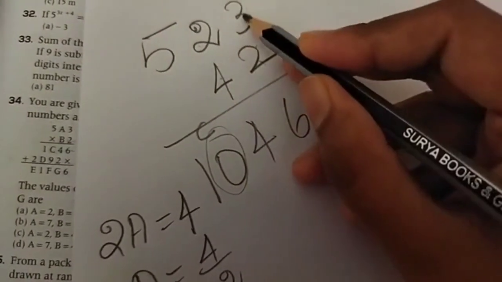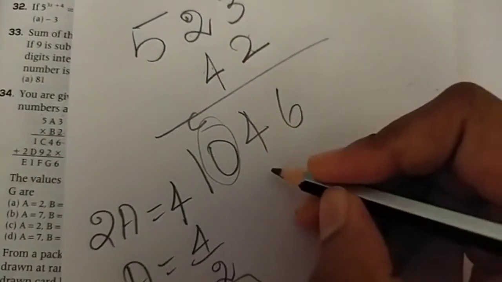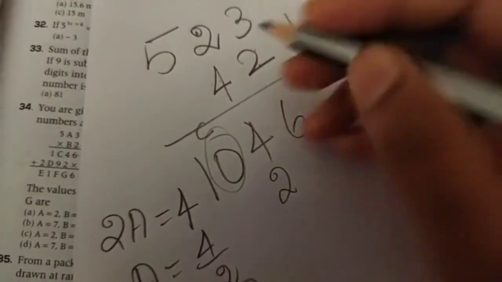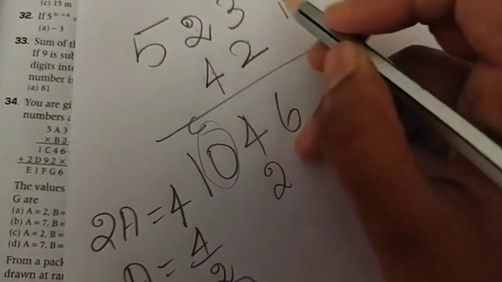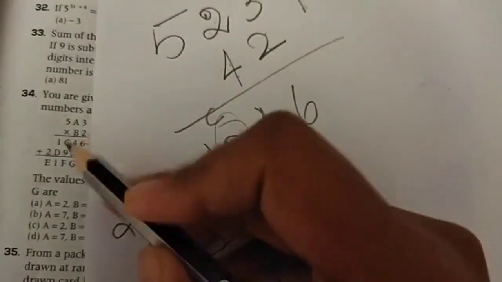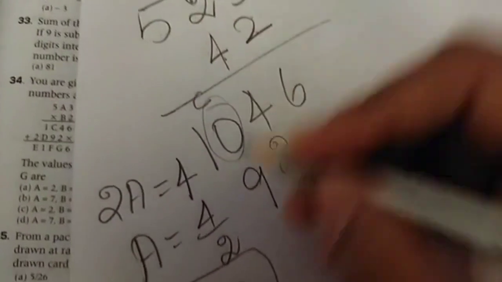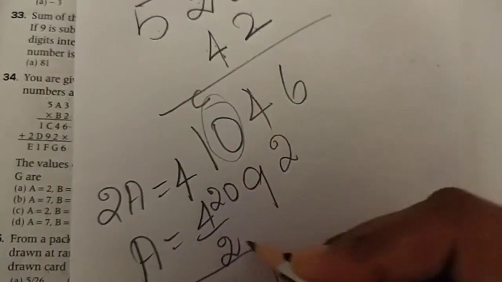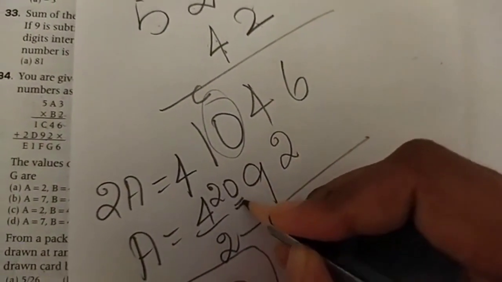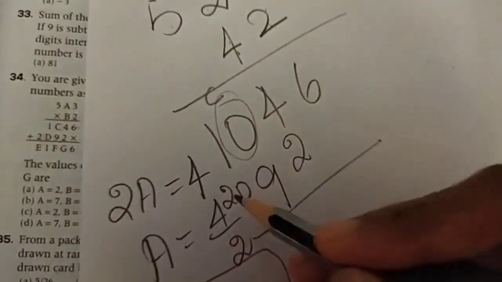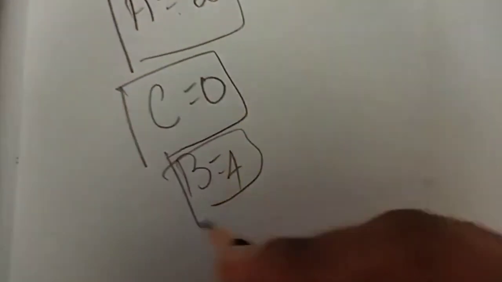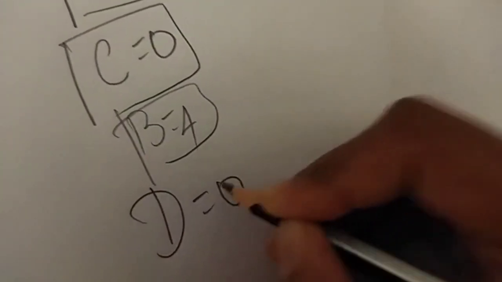Again, 4 3s are 12, remainder 1. 4 2s are 8, 8 plus 1 is 9. Here also we get 9. Again, 4 5s are 20. So what do we get here? 0. So in place of D, what you get? 0. So you can put D is equal to 0.